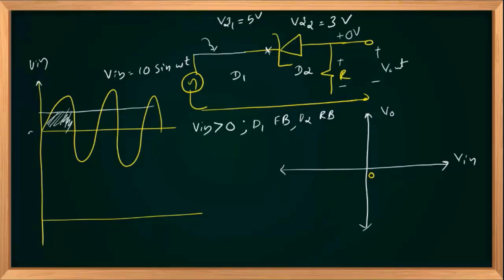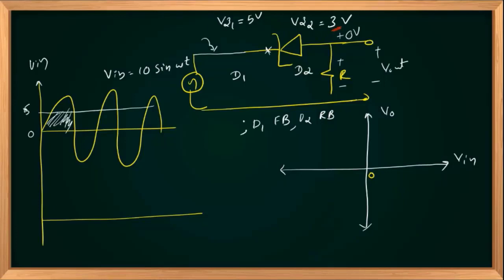When V in is between 0 and 3, sorry, we said D2 was 3 volts.